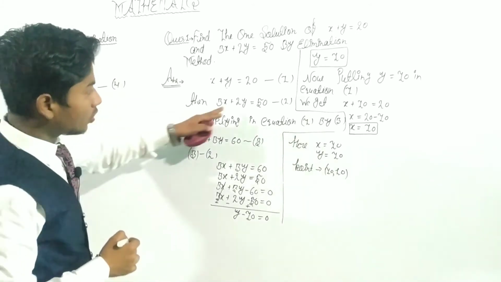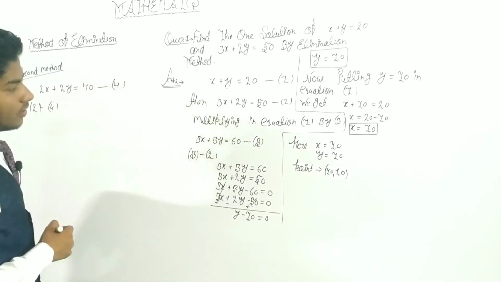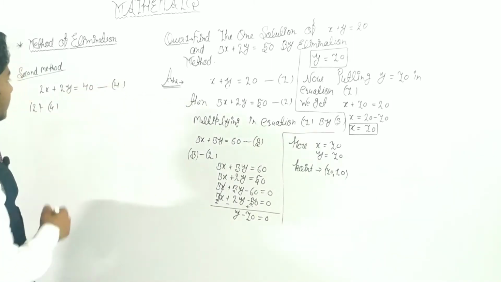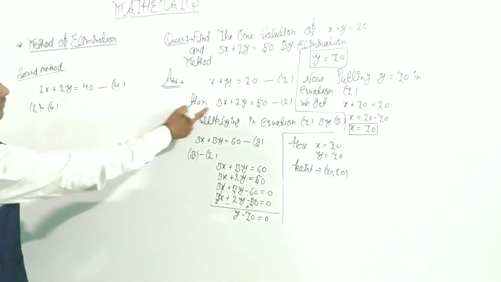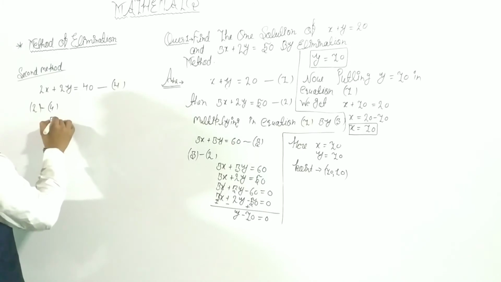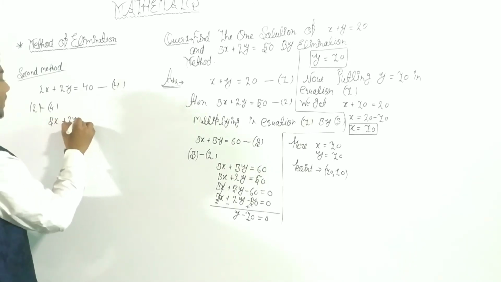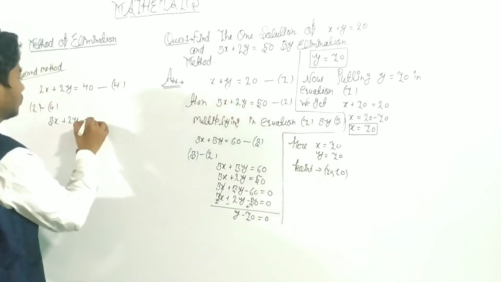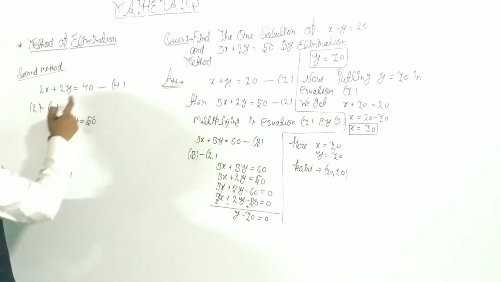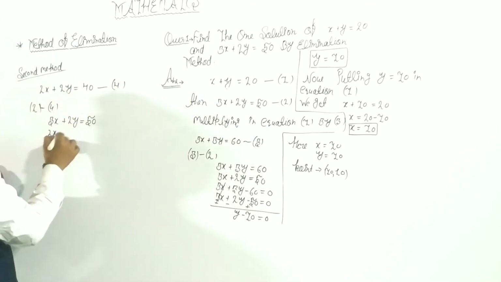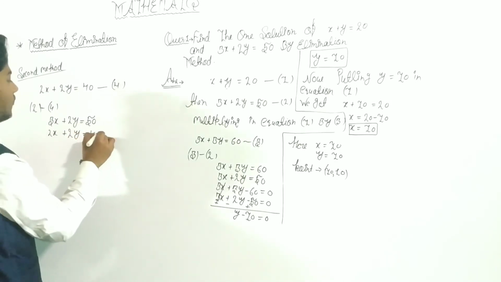Equation 2 subtracted from equation 4. Okay, now what do we get? 3x plus 2y is equal to 50 and 2x plus 2y is equal to 40.